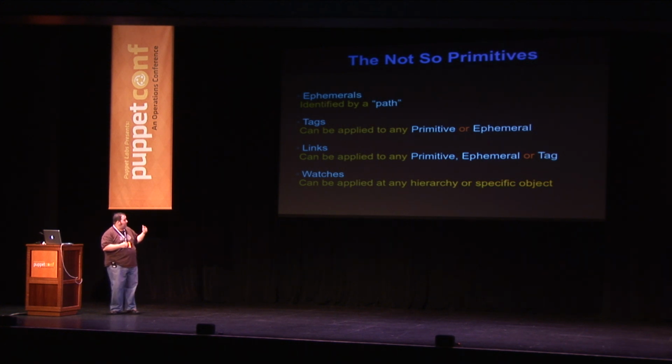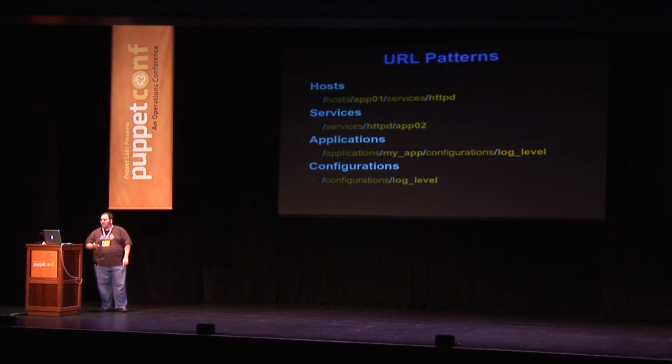So links are in development, but the purpose of links are that the root URL will be some custom namespace you've created, and everything that you do happens off of there. It's an attempt to provide some sort of multi-tenancy in the system. And then, again, watches. Watches are really cool. I like watches. You'll hear that quite a bit.